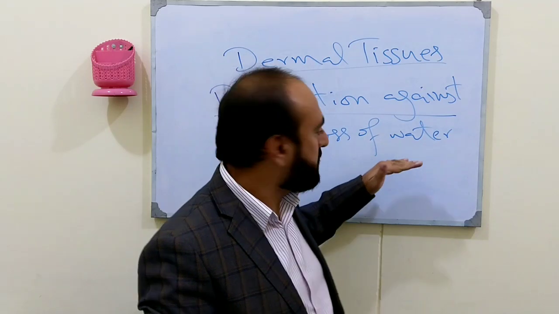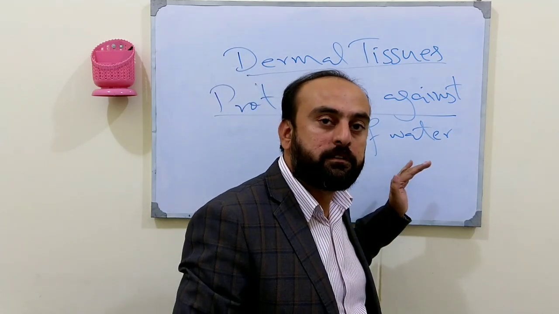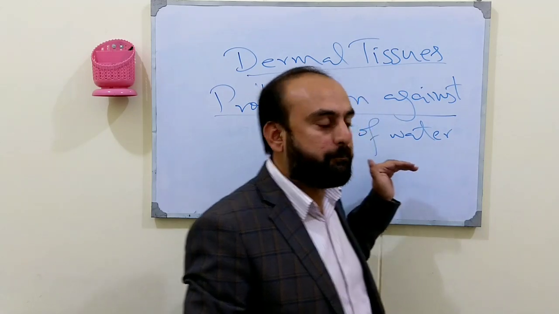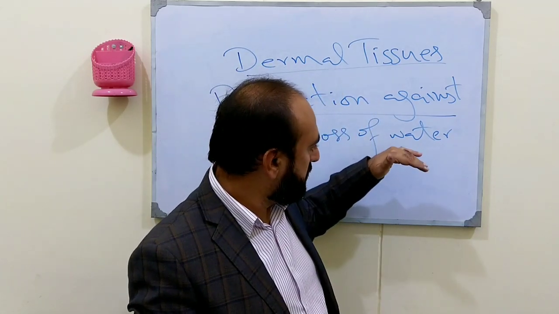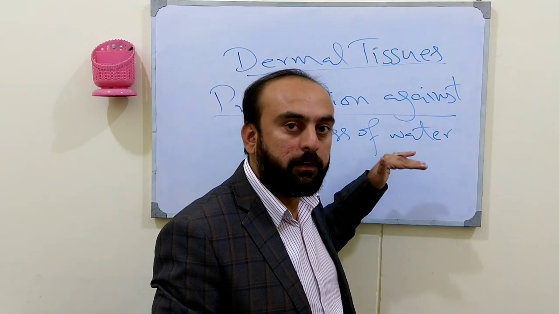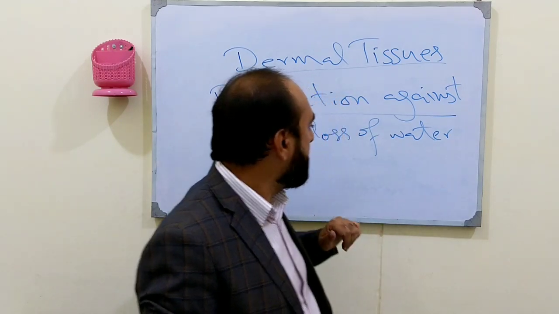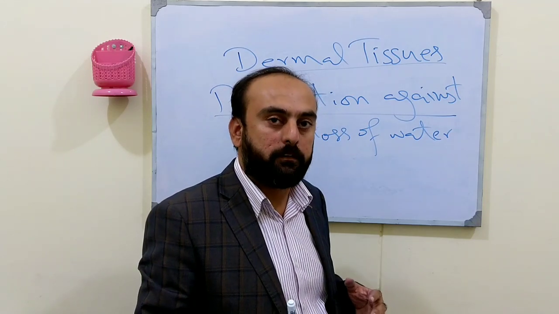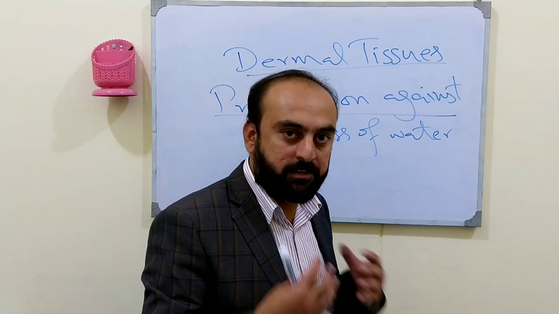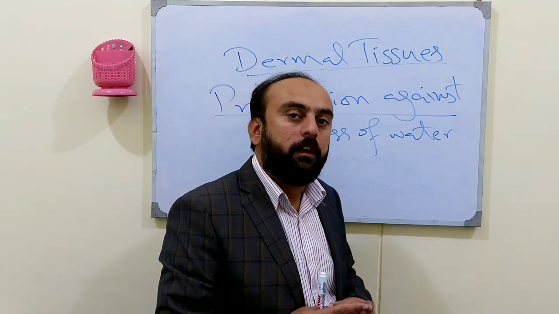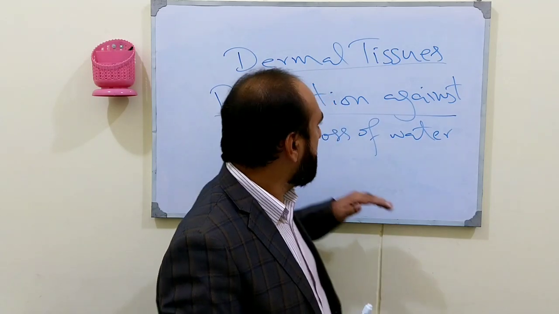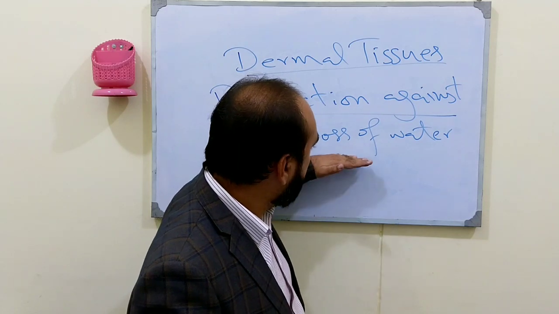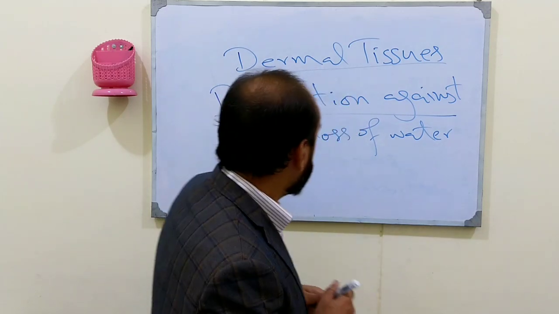Water, although it is the most abundant, yet it is the most scarce commodity, the most limited commodity for crop production. So plants try to maintain their water status or water level within the plant body, and dermal tissues help prevent the loss of water.